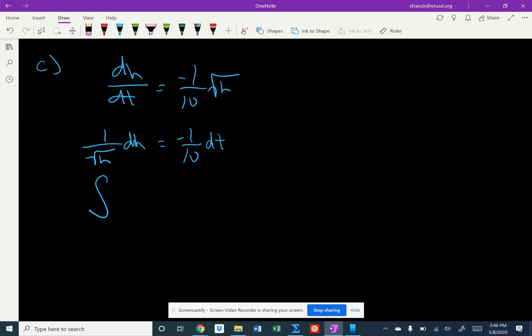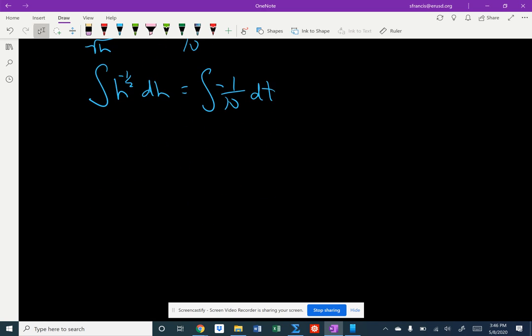In fact, I'm going to start doing the algebra here. This is h to the negative 1/2 dh, and the integral of negative 1/10 dt. And so now when I add 1 to the negative 1/2, I get a positive 1/2. When I divide by the positive 1/2, I'm going to get 2h to the 1/2. And then over here, we get negative 1/10 t plus c.